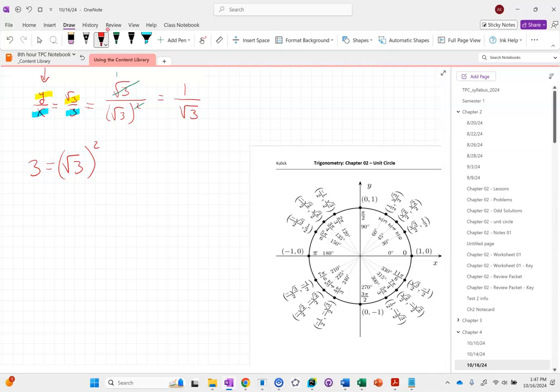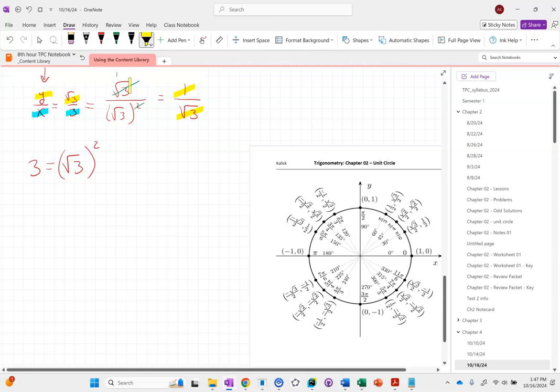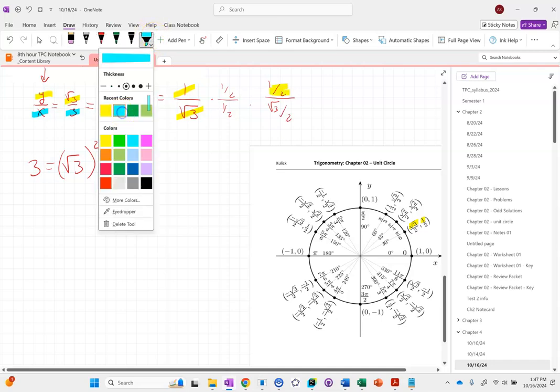Now, if I look on my unit circle, do I see a place where y is 1 and x is square root 3? No, but I do see a place where y is 1/2 and x is square root 3 over 2. So if I multiply the top and bottom by a half, now I have what I'm looking for.